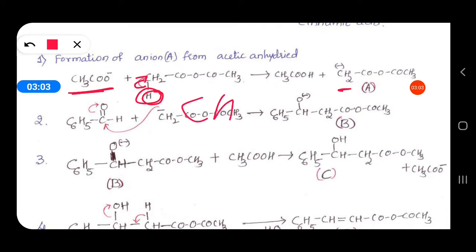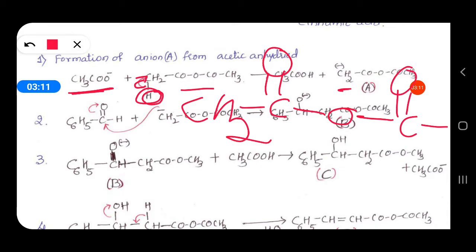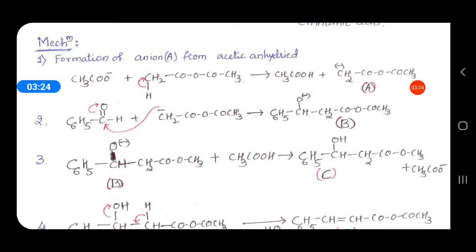Here CH2 has a negative charge, adjacent to that C double bond O, another oxygen, then C double bond O is there. These electrons are given to the CC bond and the CO bond electrons are given to oxygen. So thus this negative charge can be delocalized. So thus the anion is stabilized, so it gives H plus easily and it forms anion A.